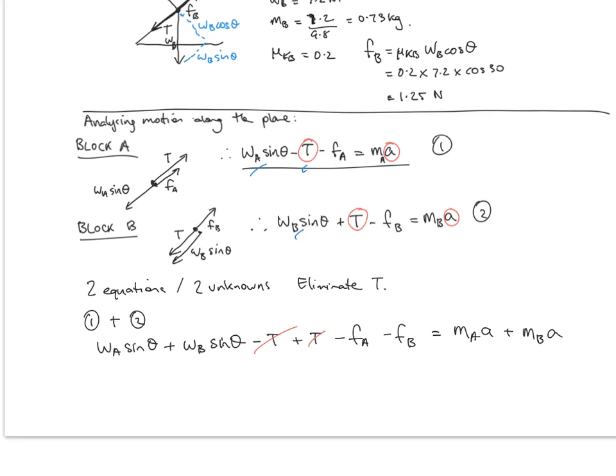Got rid of tension now, so we can solve for A. Just tidy the algebra up a little bit here, and we can get WA plus WB sine theta minus FA minus FB equals A outside of MA plus MB.